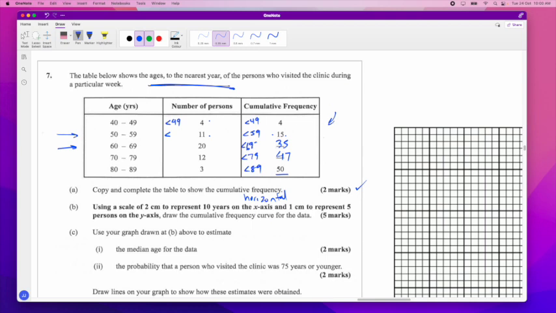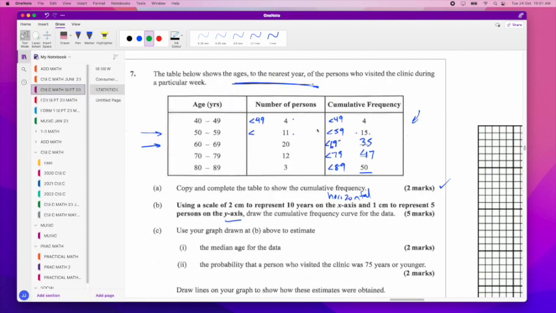So using 1 centimeter to represent 5 persons on the y-axis, draw the cumulative frequency curve for the data. All right, so that should be easy enough. Remember these things, this less than 49 needs to be less than or equal to 49, right? Less than or equal to 59, less than or equal to 69, and so on, right?